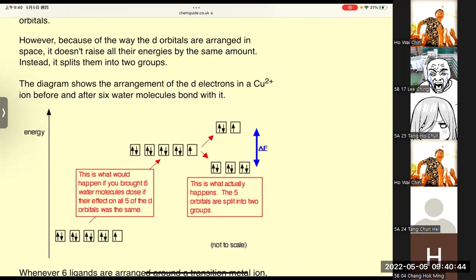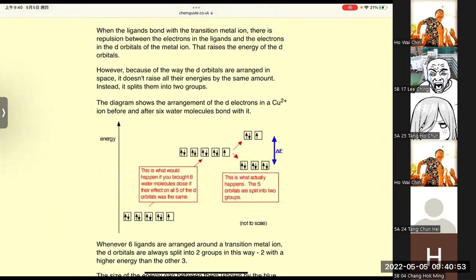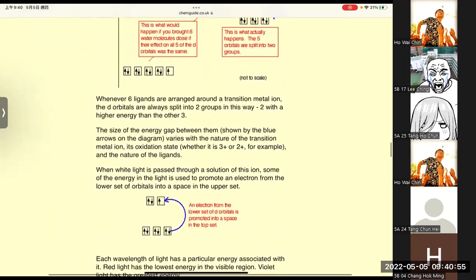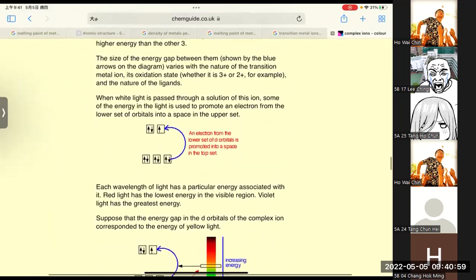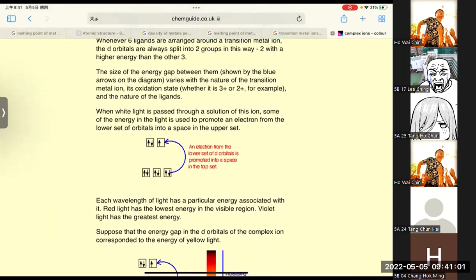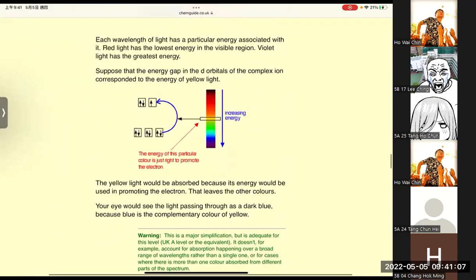And the energy gap is exactly the color to be absorbed. So you may find the energy to be absorbed is due to that splitting. If you check the energy with the frequency, you get the corresponding light of a certain frequency to be absorbed.